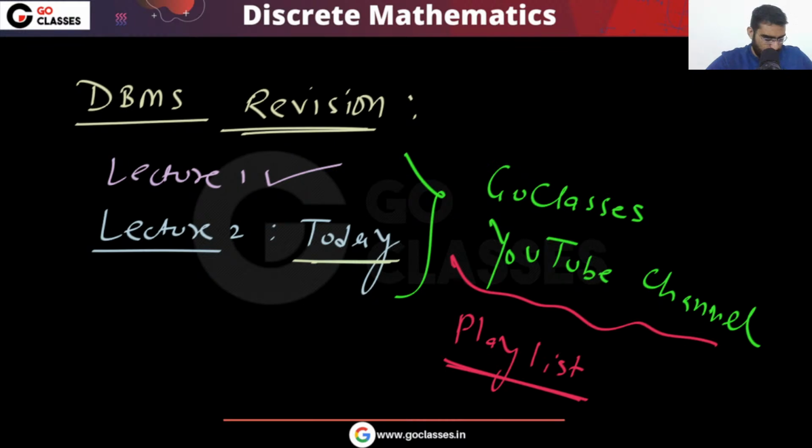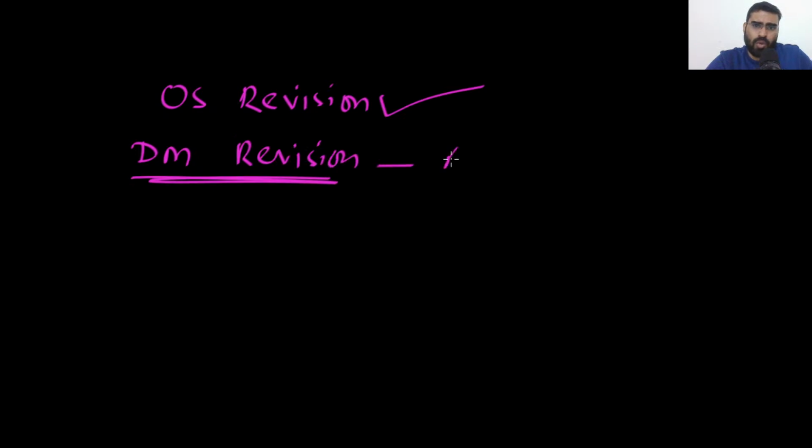Thank you everyone. Once we complete this DBMS, then we will start theory of computation and digital logic. Also let me tell you, computer network revision is also going on. Operating system revision is over. Discrete mathematics revision is almost over.